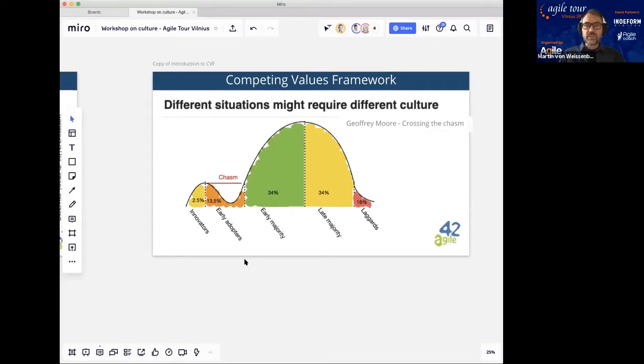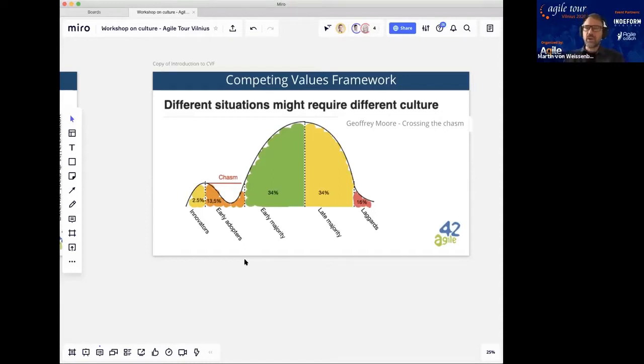And then when you enter the late majority, that's the Pepsi Cola, Coca-Cola, those products are mature. Let me tell you that. Those products, what have they innovated over the last 100 years? Well, they are maybe improving their production processes. But basically, it's all about marketing, okay? And you need, obviously, a market-oriented culture.